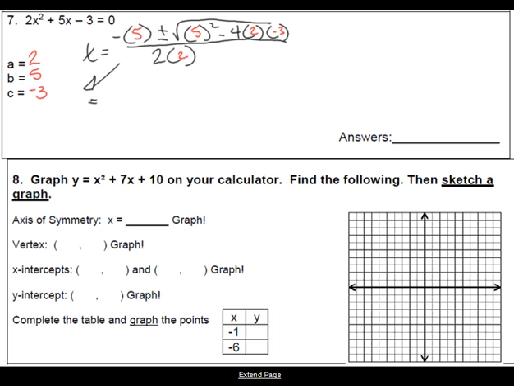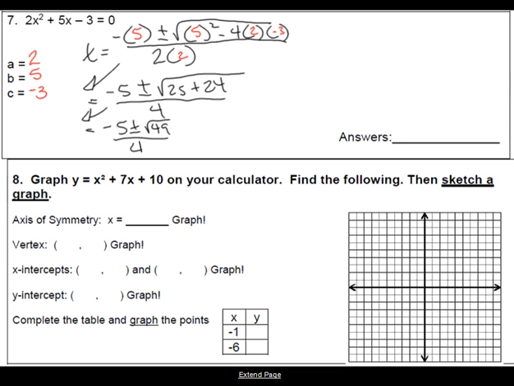Proceed with our arithmetic. So negative 5 plus or minus the square root of 25 plus 24 over 4. So this is going to be negative 5 plus or minus the square root of 49 over 4. 49 is a perfect square, so I'm going to have x equals negative 5 plus 7 over 4, and x is equal to negative 5 minus 7 over 4.